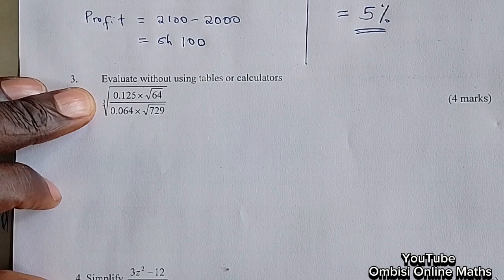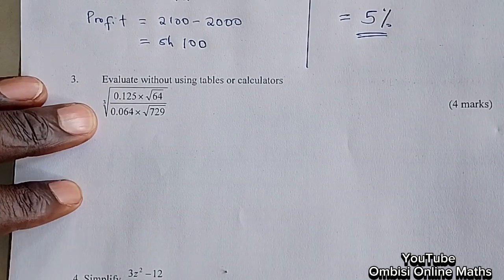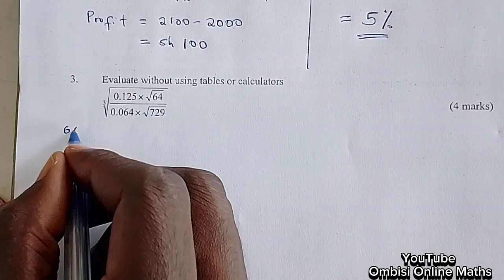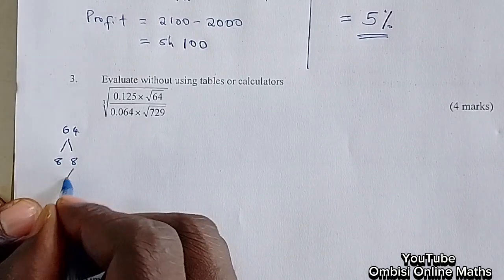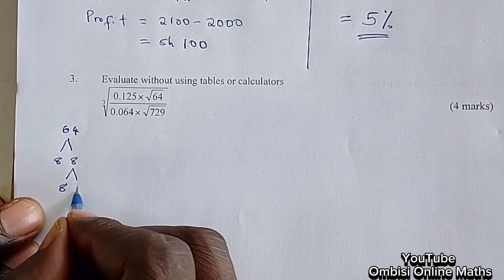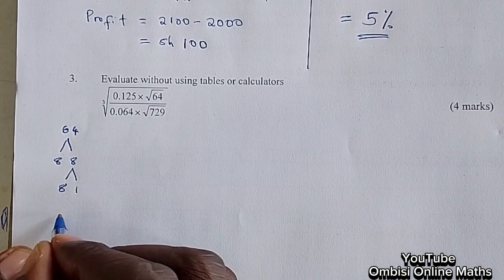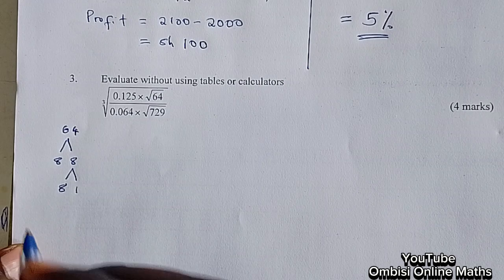Looking at this, we can easily evaluate it in the sense that we can find the square root of 64. We know that 64 is a matter of 8 times 8, using the factor tree method. Then the square root of 729 translates to 27.